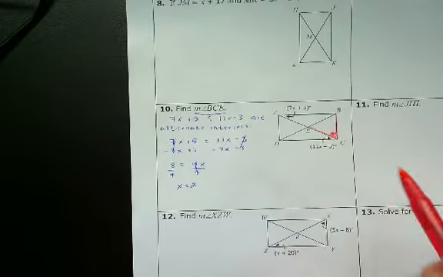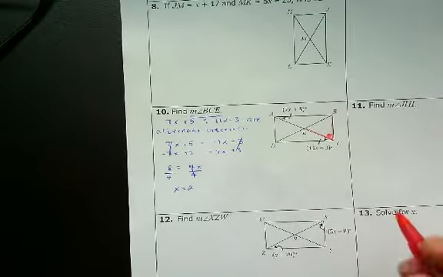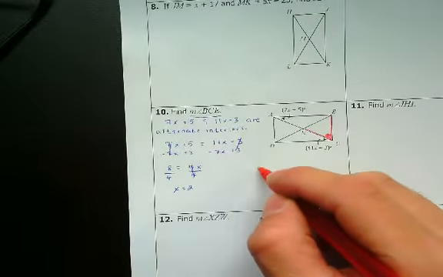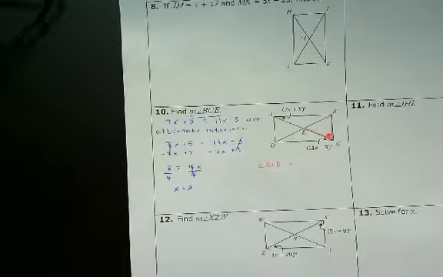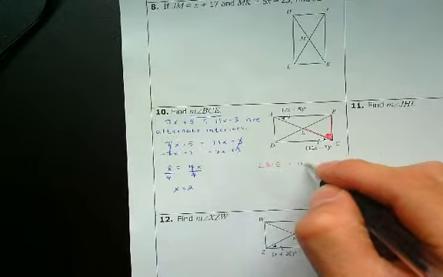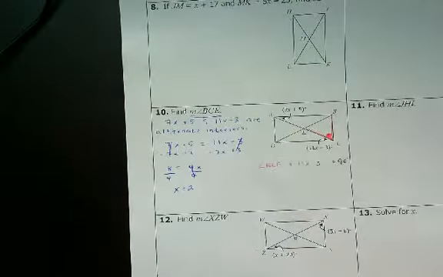Okay, remember that these two add up to make 90 degrees. So angle BCE plus 11x minus 3 equals 90.